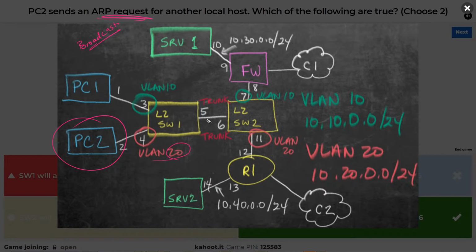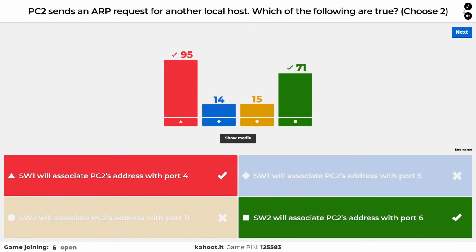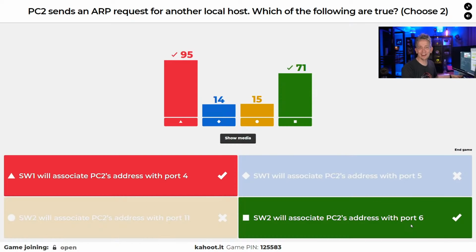So that ARP request would be learned, and the answer should be that switch 1 would learn that MAC address here on port 4, and switch 2 would learn it on port 6. And as I look at my answers here, let's hope that's an answer. So switch 1 on port 4, switch 2 on port 6. Oh, thank goodness. I'm grateful for small things.